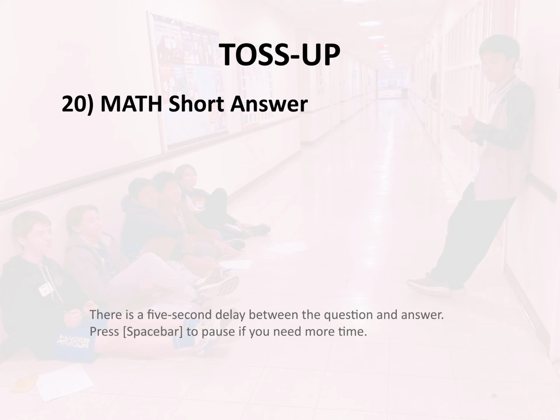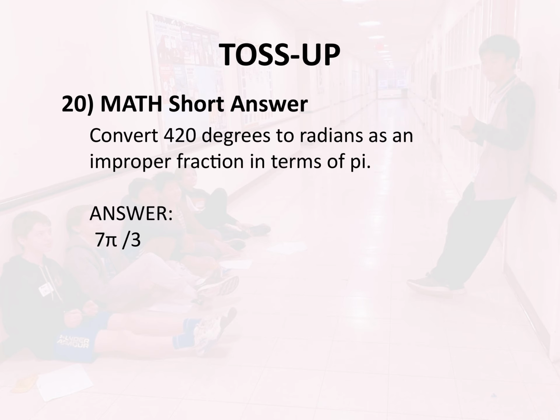Toss-up, 20. Math. Short answer. Convert 420 degrees to radians as an improper fraction in terms of pi. Answer, 7 pi over 3.